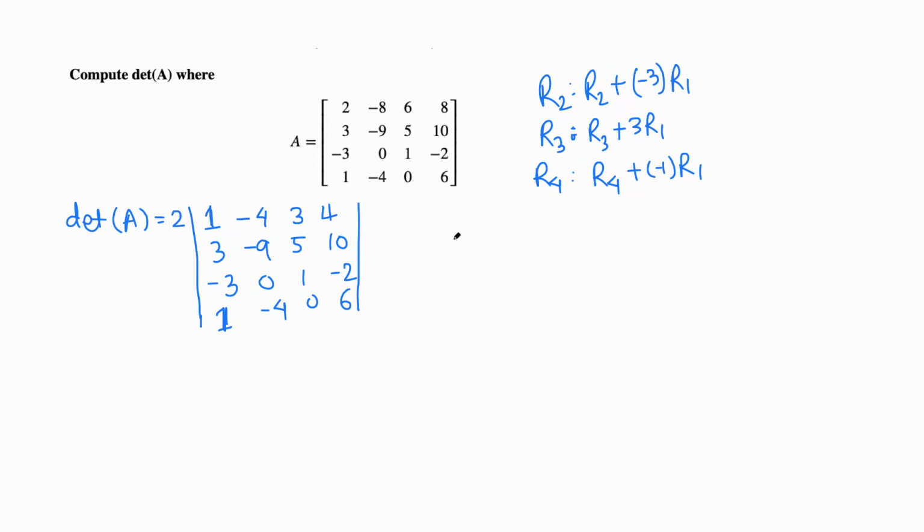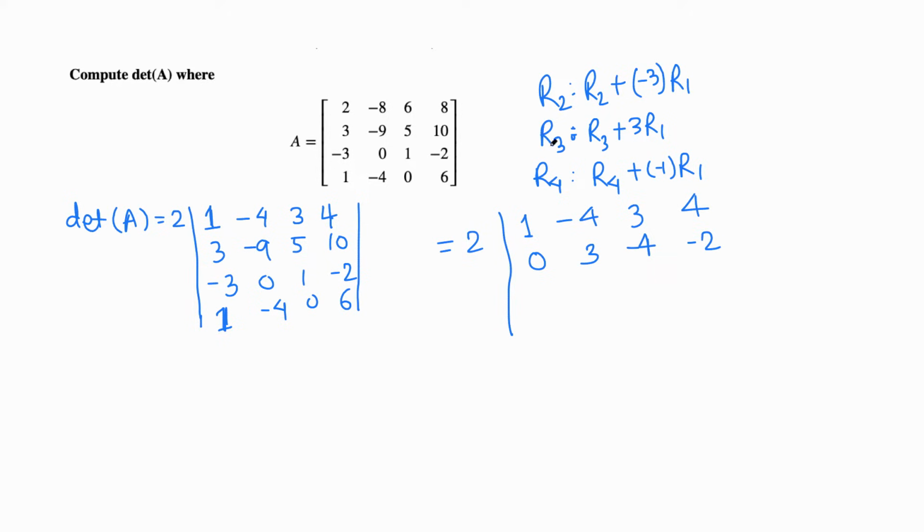So this determinant is equal to 2 outside, and we are not doing anything to the first row: 1, -4, 3, 4. Now this is 3 minus 3, 0, -9 plus 12, 3, 5 minus 9, -4, 10 minus 12, that's -2.